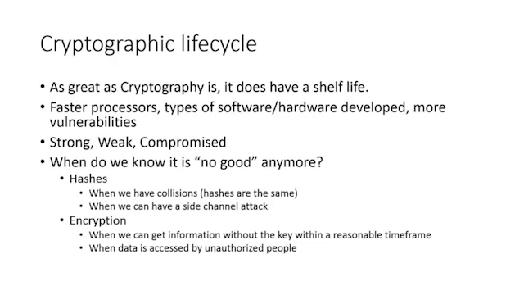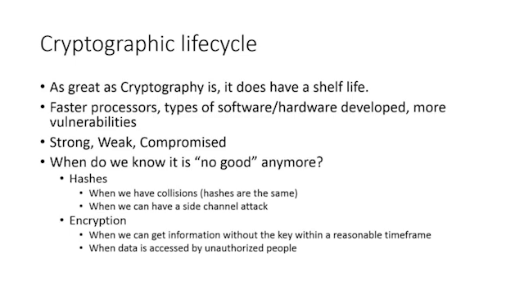Cryptography is great. I've been telling you all about encryption and what to do and what not to do. And well, it does have a shelf life though, as far as the tools that we have available to us or the algorithms that we have. We get faster processors.